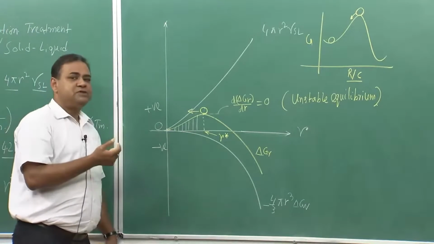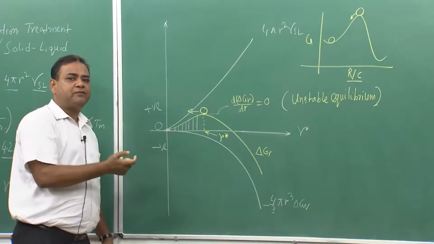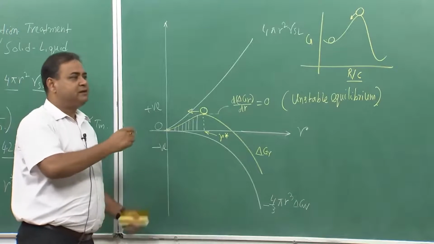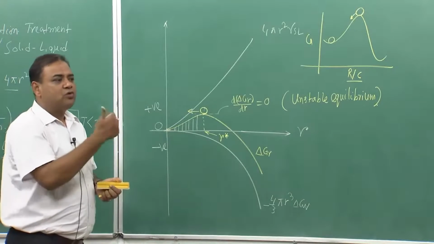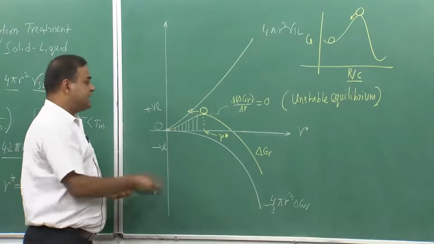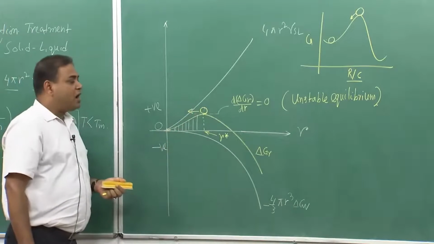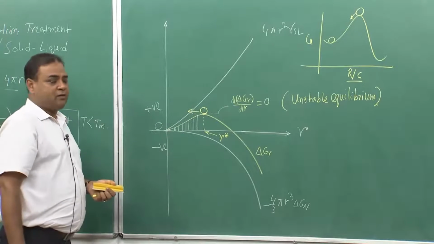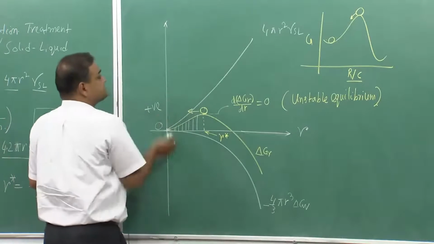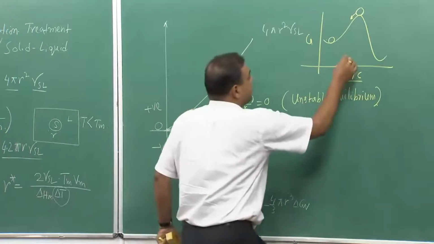The atoms which are part of the solid will start dislodging from the solid phase and go to the liquid phase. So, it becomes unstable once it goes to the left side. Okay, so that is an unstable system, we have seen that this is an unstable system.